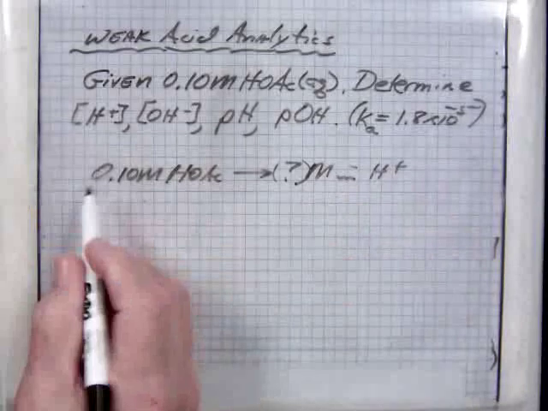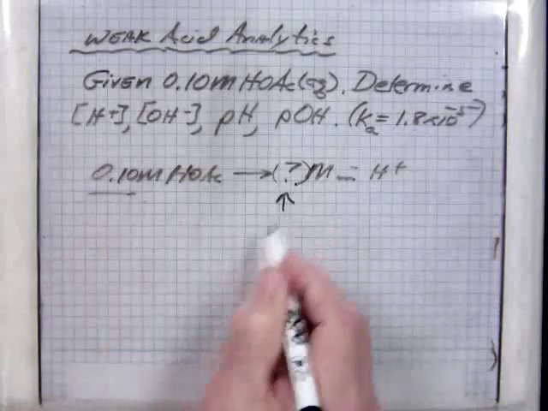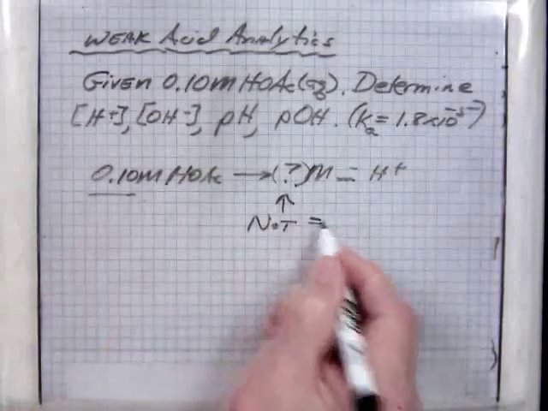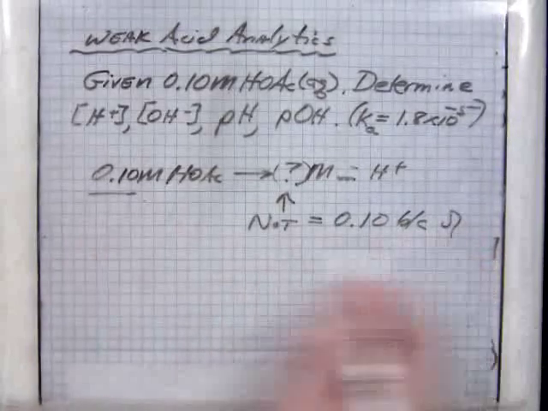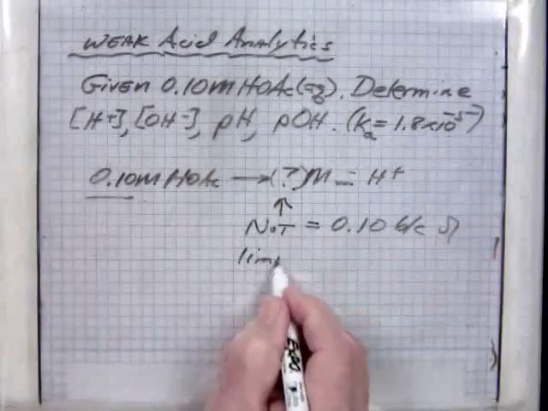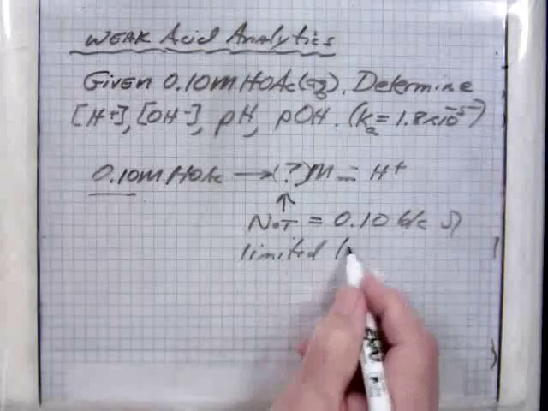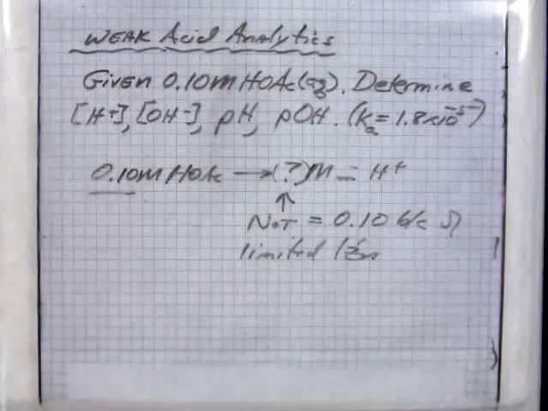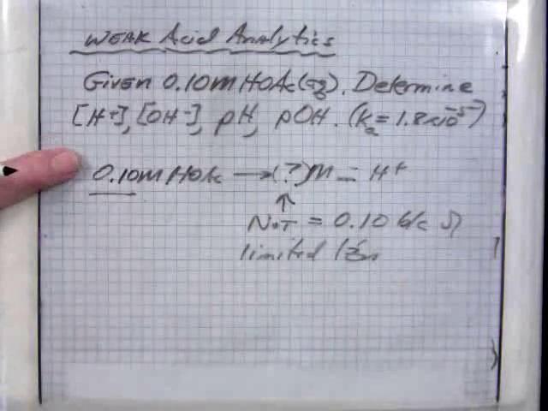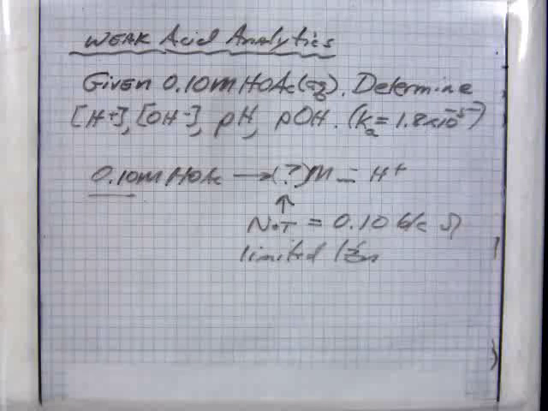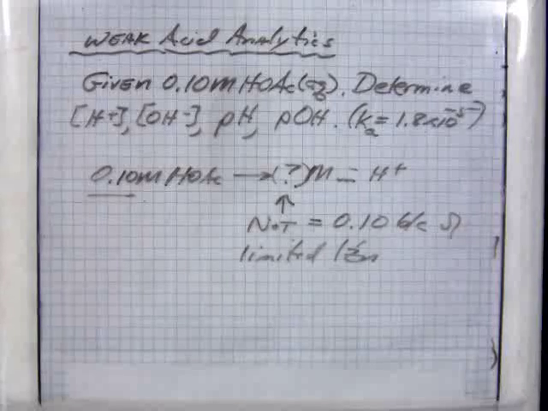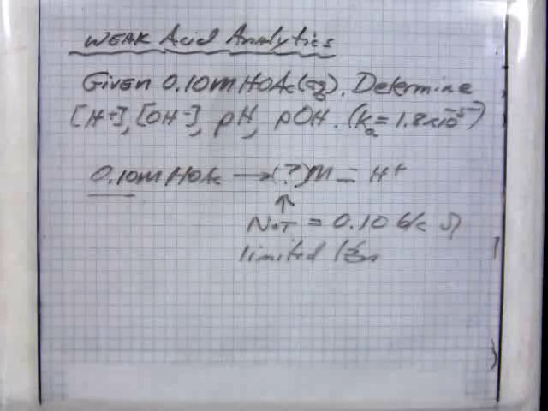You cannot assume it equals 0.10 because of limited ionization. So what we have to do in working with weak electrolytes like this is use the ICE table, fill it in, and use the equilibrium row to calculate the hydronium ion concentrations.